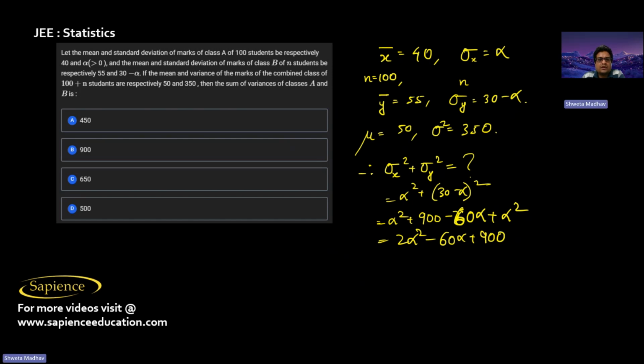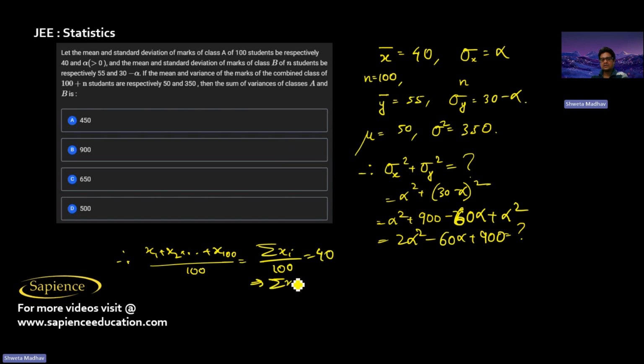Sum of the variances of classes A and B. So this value we need to find out. So now therefore x bar means x1 plus x2 plus up to x100 by 100, I can say it is summation xi by 100, that is equal to 40.